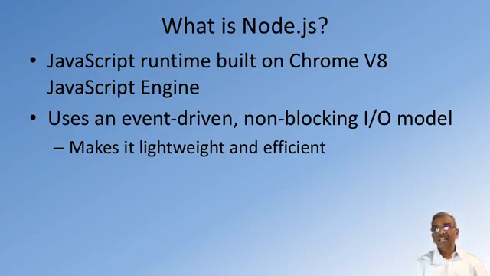Node.js is built around an event-driven, non-blocking I/O model, which makes it very efficient to run JavaScript programs on the desktop. Asynchronous JavaScript on the desktop. Now, this is where Node finds its true power.